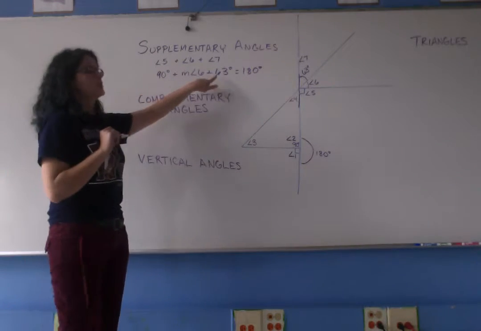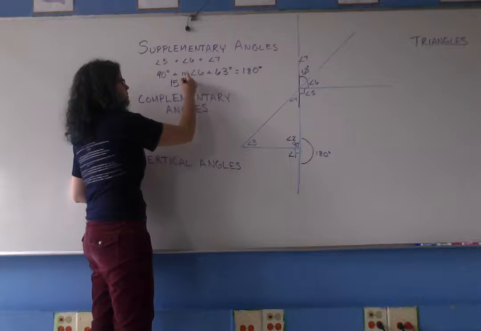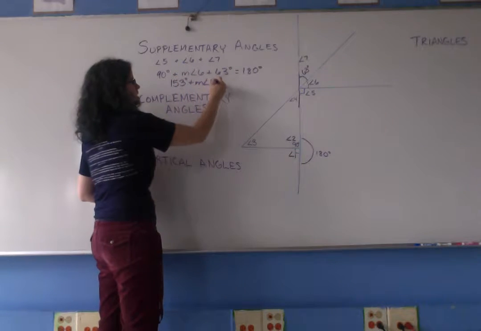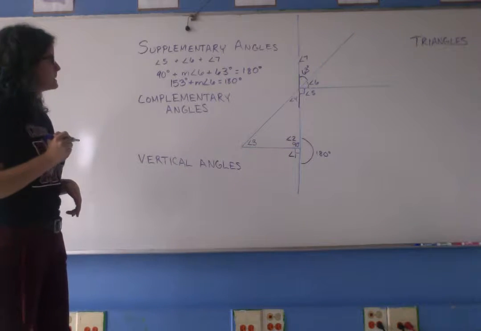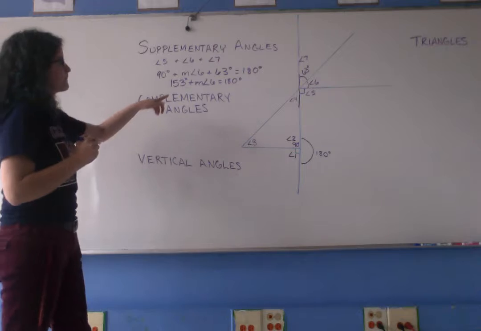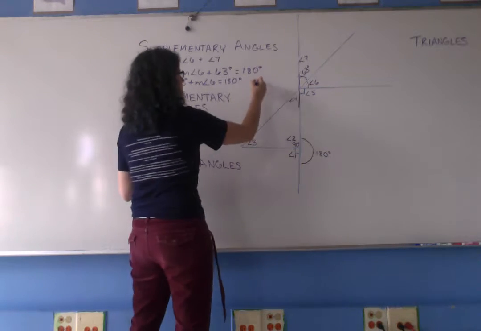I already have 90 plus 63. I could combine that. I could say 153 degrees plus the measure of angle 6 is going to have to equal 180 degrees. Okay. That means that measure of angle 6 is going to have to be 27 degrees.